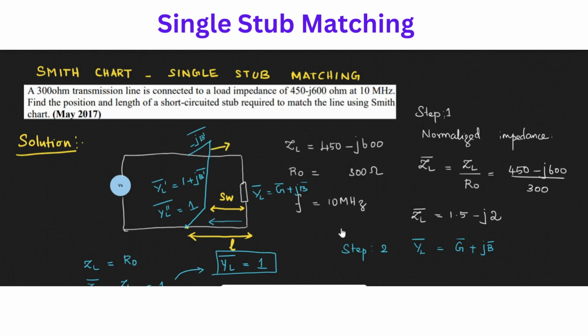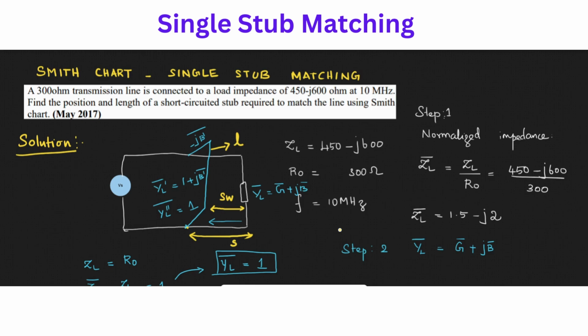I'll denote the position of the stub as small s, and the length of the stub as L. This L should provide a susceptance of minus jB dash so that our admittance will become 1. Now we'll see how to solve this with the help of Smith chart.